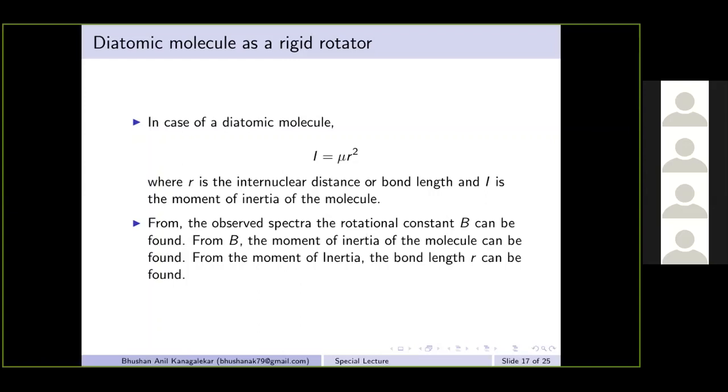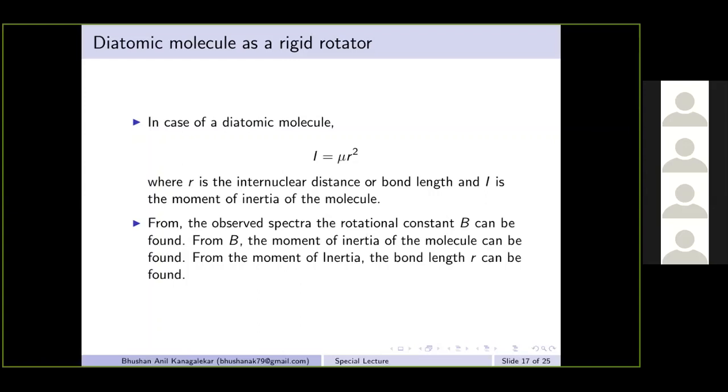From that moment of inertia, if I know the reduced mass of the system, I can find the bond length. So for HCl or any other molecule showing a rotational spectrum, I can get B from that spectra.